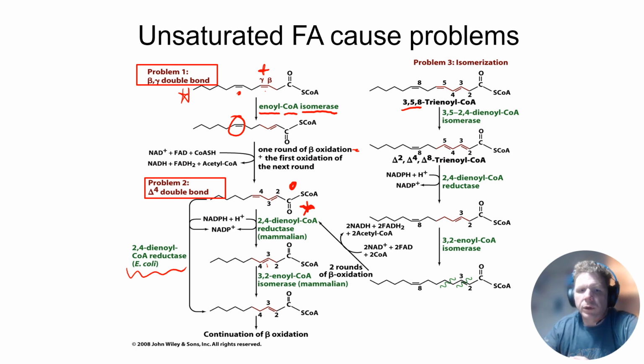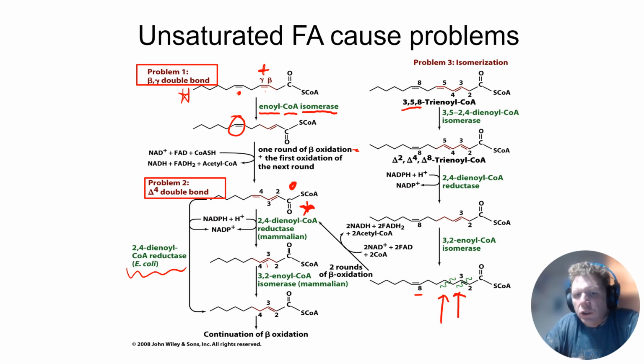A double bond between carbons 2 and 3, and then a double bond between carbon 4 and 8. Now, just to remind you, this line right here says that basically we've removed 2 carbons. This is we've done another round of beta oxidation, removed 2 carbons. This 8 right here is not going to be 8 forever because we're cutting 2 carbons off at a time.